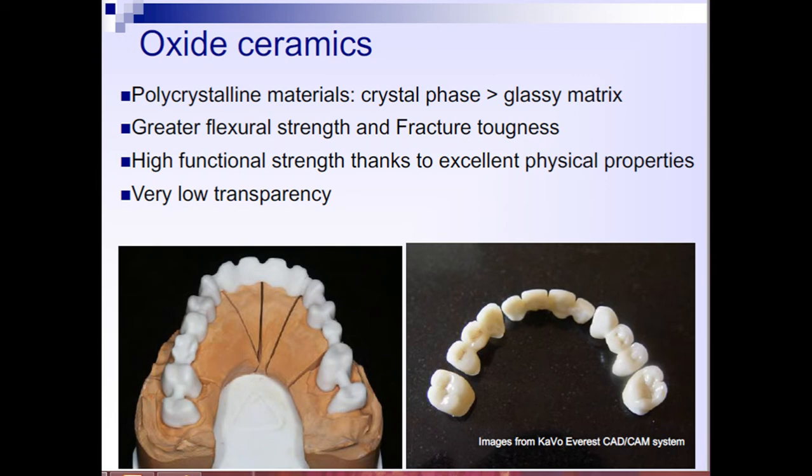But with the advent of oxide ceramics, we can form long span bridges, a 3-unit bridge or a 4-unit bridge or a single crown also. The only disadvantage is low transparency. These oxide ceramics are not very transparent or translucent, such as glass ceramics.